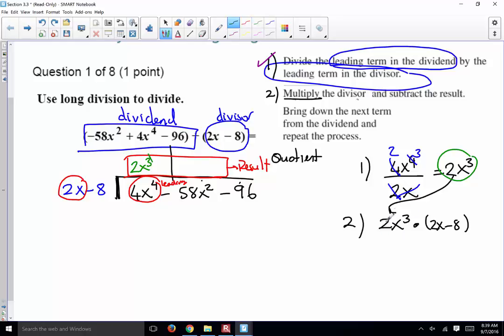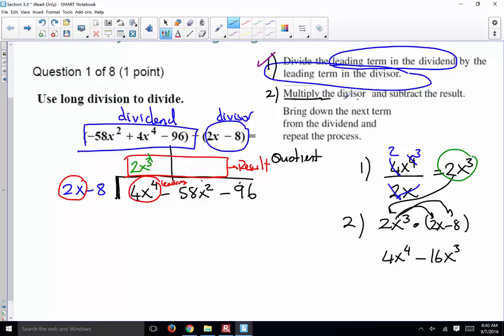Then we multiply that 2x cubed with the divisor in step 2, which will give us 4x to the 4th minus 8, right? Is it 8? No. Usually during the exam rush, you guys forget to multiply the second one. So I wanted to point out that 2 times negative 8 is negative 16x cubed.